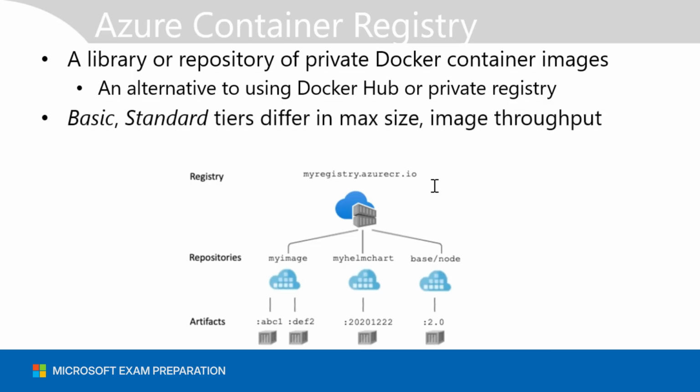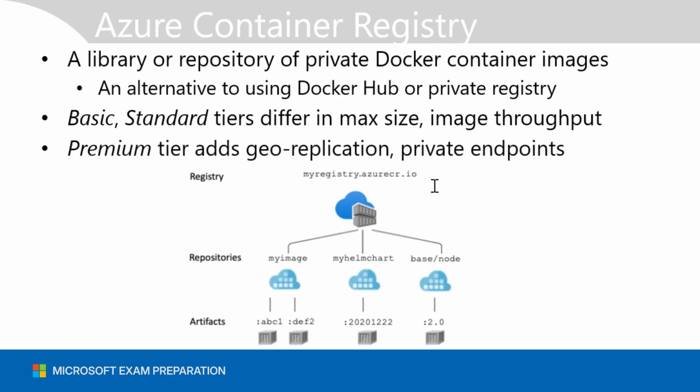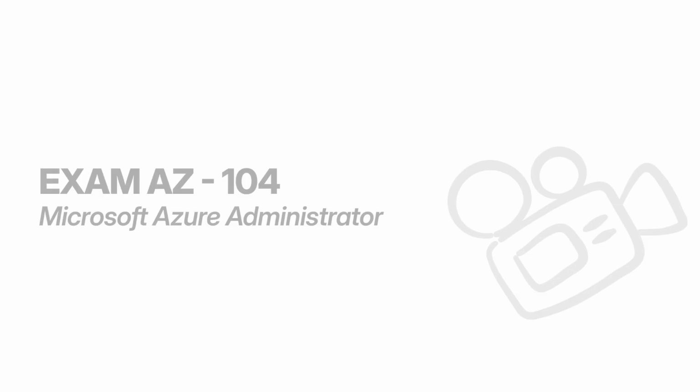There are 3 tiers. The basic and standard tiers mostly differ in the maximum size of the registry and how many images you can throughput in a given bandwidth of time. The premium tier adds geo-replication features and also private endpoints. Let me show you how to set up an Azure Container Registry in the marketplace.